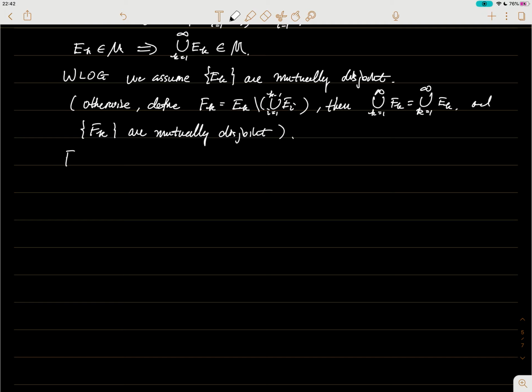Now for any test set T, we have, I think we first define, let me first define this. We denote the partial union of the Ek's as Sk.